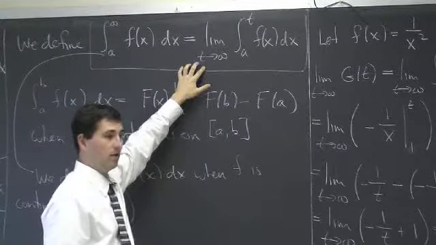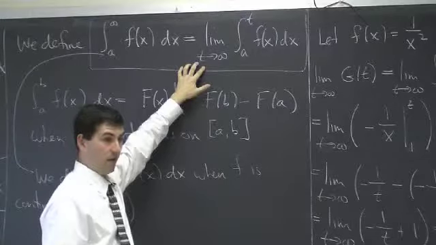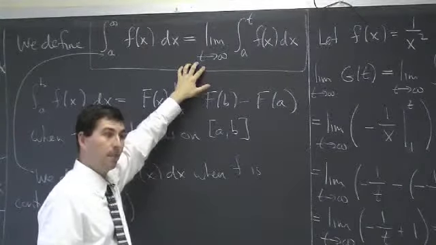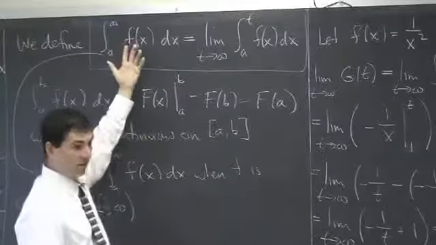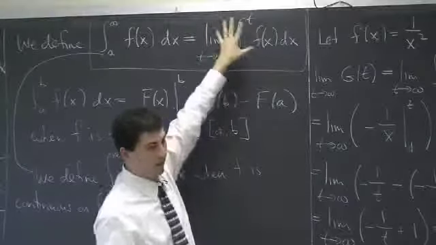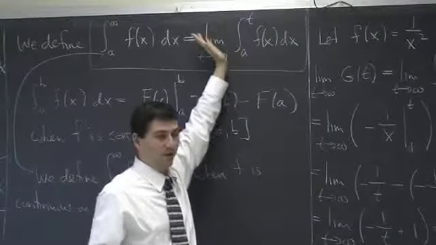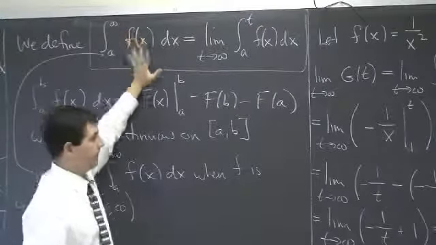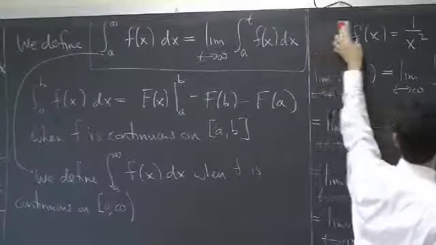Well, sometimes limits exist, but sometimes they don't exist. If they don't exist, then this doesn't have any meaning other than it's just a limit that doesn't exist, which means this improper integral doesn't exist. So let me give you an example where this happens.